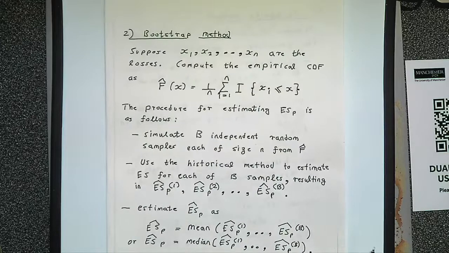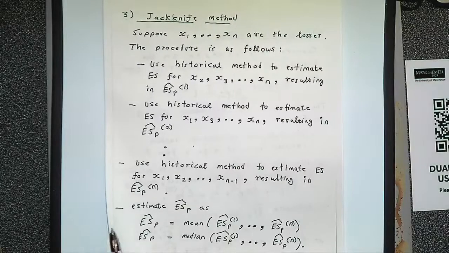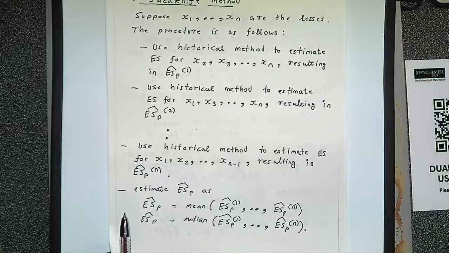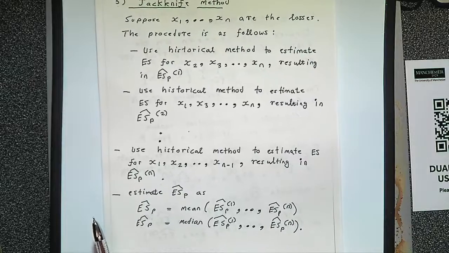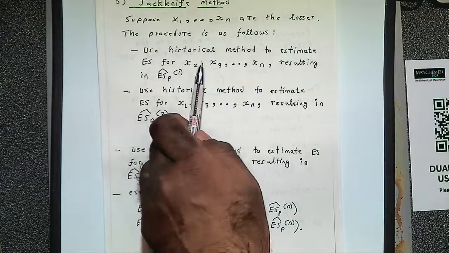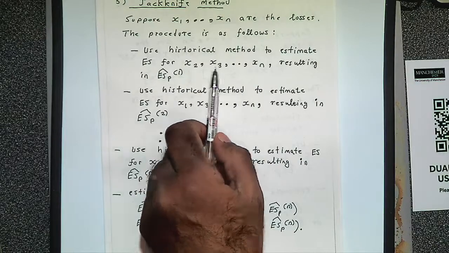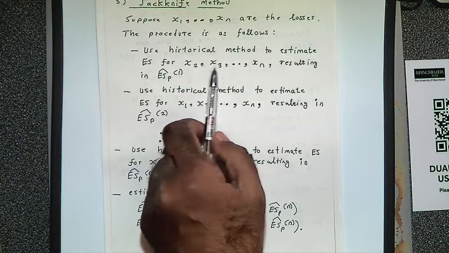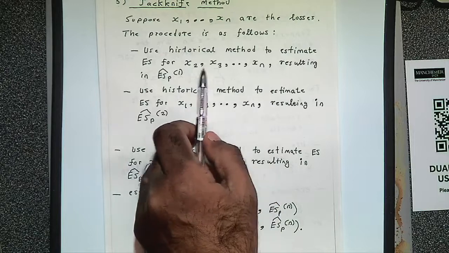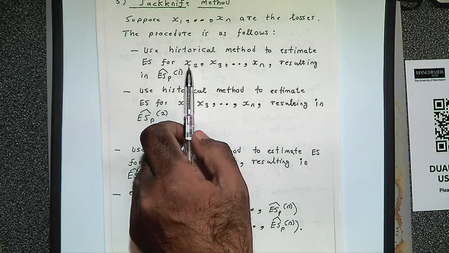And the next method is the Jackknife method. So again, this is very similar to the Jackknife method I talked about last week. So the first step is to compute the expected shortfall by the historical method for this. So as you can see, what I've done here is it's the same as the original data, but I removed the first data point.